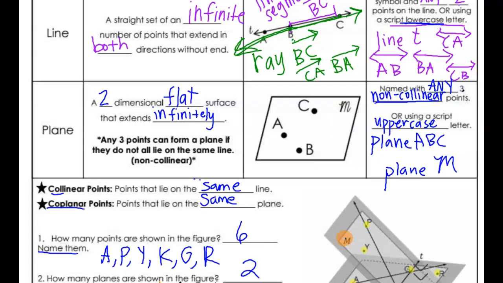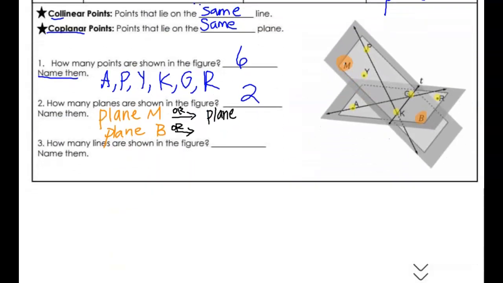Any 3 non-collinear points, so they have to be random. So, what are 3 points that are non-collinear on plane M? This one. P is not a point. Look at M right here.